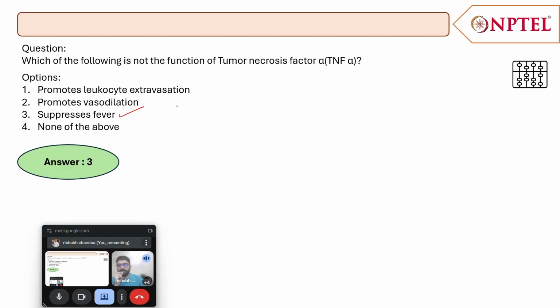Okay, so yes, the correct answer is option 3. Just now we studied that TNF alpha promotes leukocyte extravasation from the blood vessels. Then it promotes vasodilation. It increases fever, it does not suppress it. So this is not the function of TNF alpha. So the correct answer here is option 3.